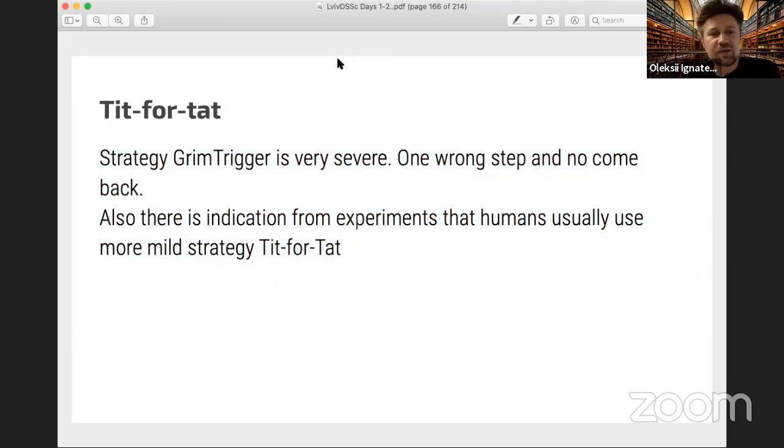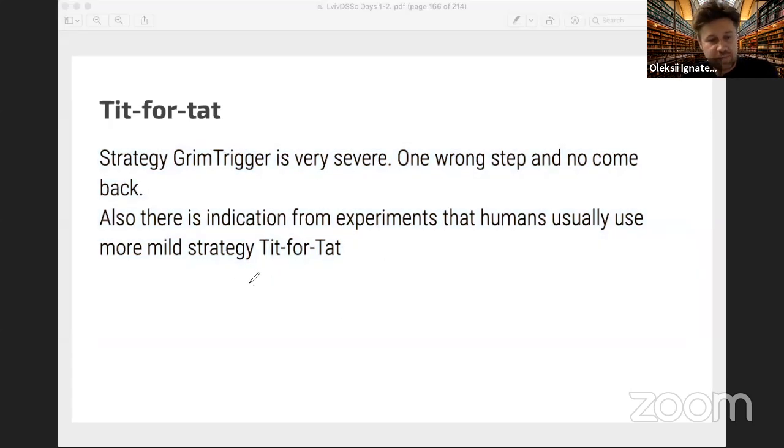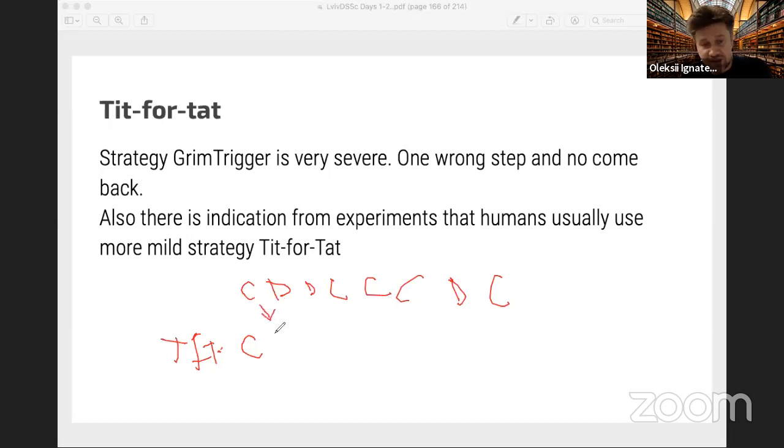Basically, when you play Prisoner's Dilemma, if, for example, your opponent plays C, D, D, C, C, C, D, C, such a sequence of moves, then what does the tit for tat strategy do? At the first step, it always plays cooperate, and then it mimics the previous move of the opponent. An extremely simple strategy.